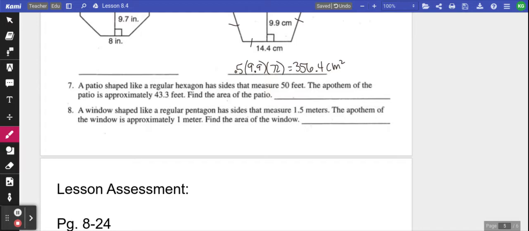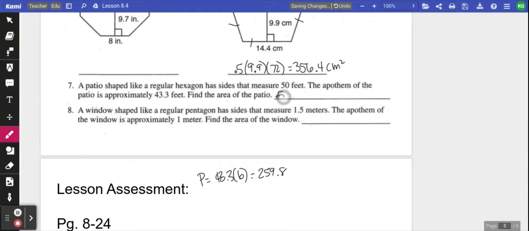A patio is shaped like a regular hexagon, and each side measures 50 feet. The apothem of the patio is 43.3 feet. Find the area of the patio. So for the perimeter, I have 50 feet times 6, since a hexagon is a 6-sided figure. That gives me 259.8.